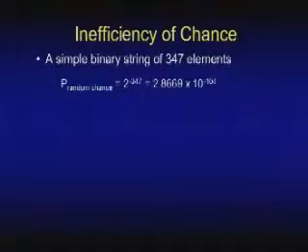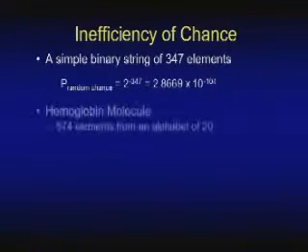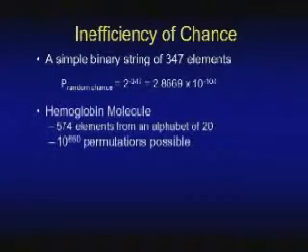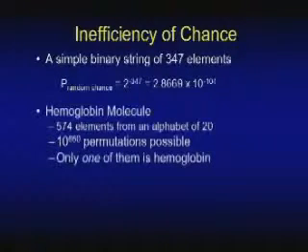Now, that turns out to be a vastly more complex calculation than an alphabet of 2. And if you go through that math, it turns out to be 574 from an alphabet of 20, 10 to the 650th power. That is absurdly long. And only one of them is hemoglobin.